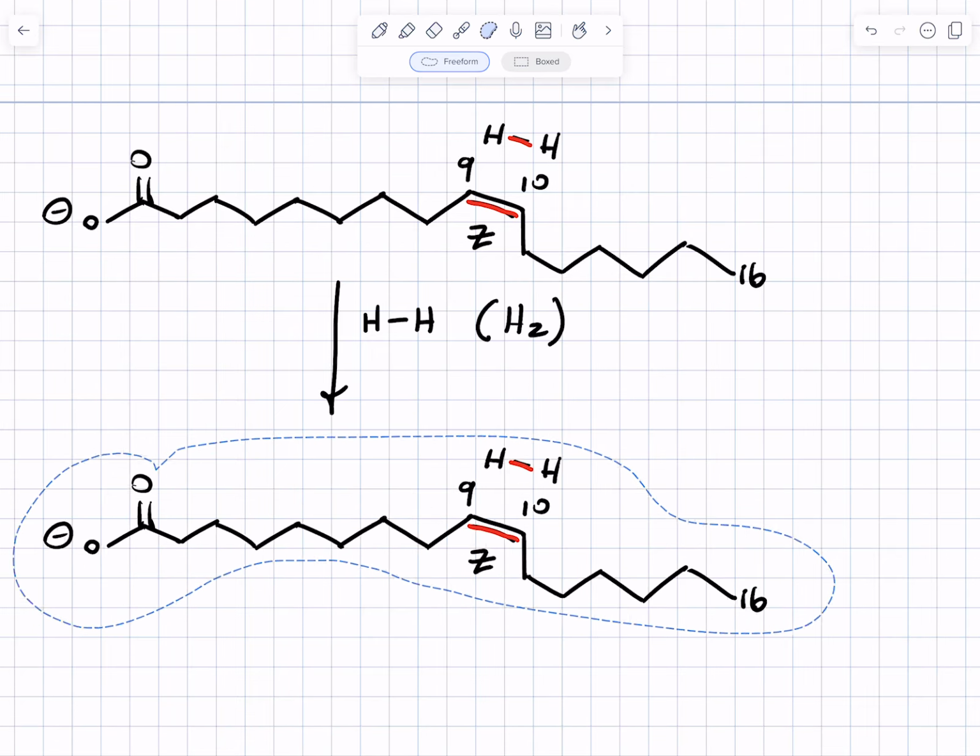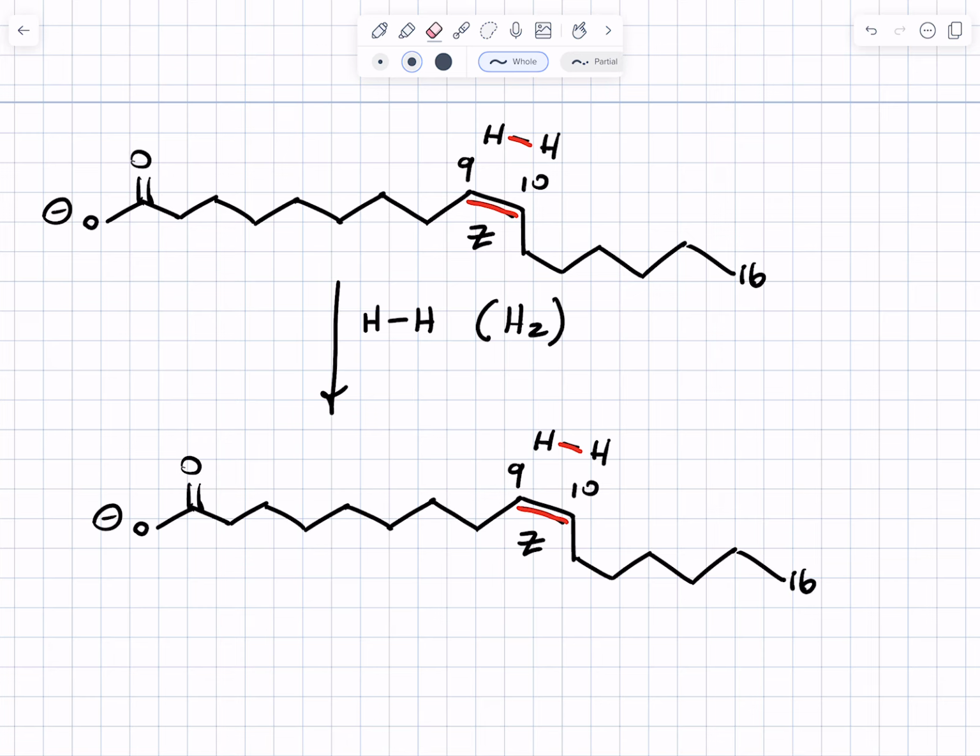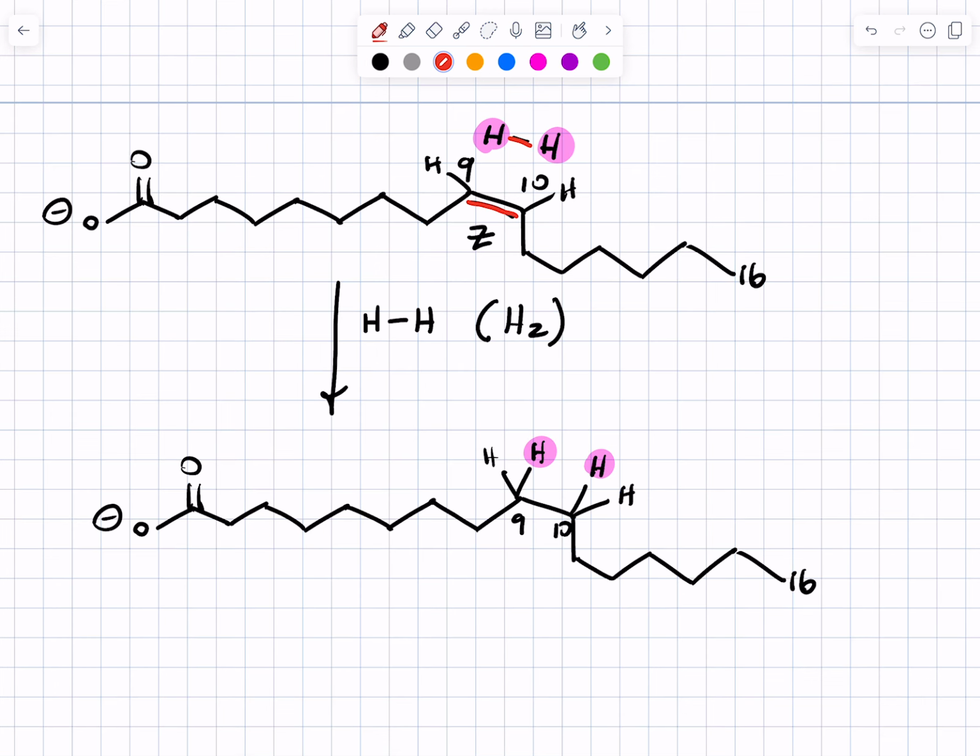So let me draw that for you. The pi bond will be gone, and in its place on carbons 9 and 10, which already had one hydrogen each, now they have two hydrogens each. These are the new hydrogens that were added, and the electrons for those bonds come from the pi bond and the hydrogen-hydrogen sigma bond.